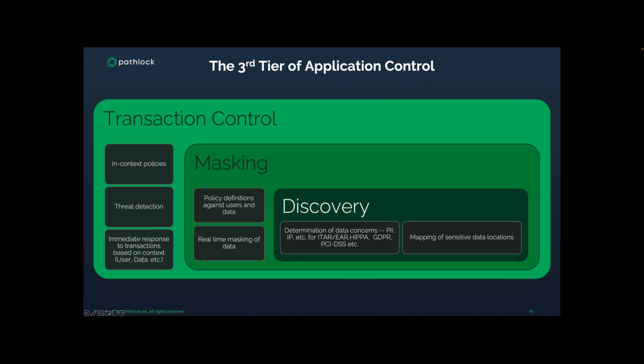And then lastly, if you think about properly controlling data, that means you need to properly control the transactions that will change that data. And so how do you control transactions, both in and of themselves, but in particular in terms of preventing the corruption or the misuse or the inappropriate access of that data? And even in terms of a business transaction, you can think of those as basically data changes.